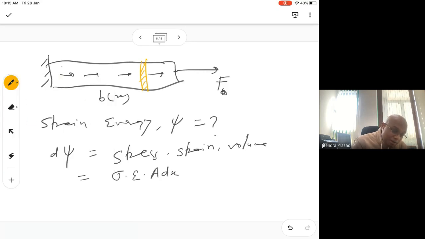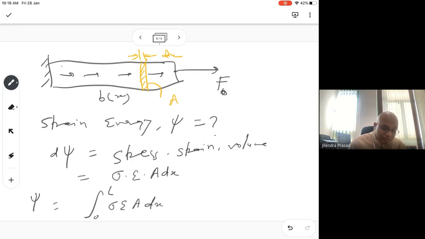So we have this as dx. Area could be a function of x, sigma could be a function of x, epsilon will be a function of x, A could also be a function of x. So this is the strain energy due to this small slice. And then over the whole domain, we have to integrate A dx.